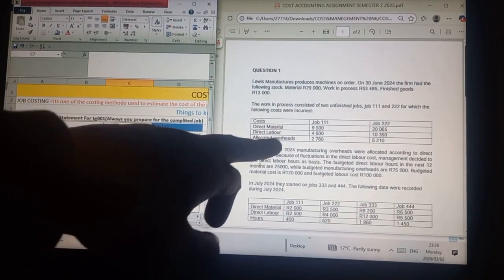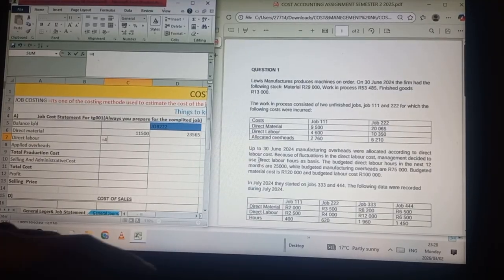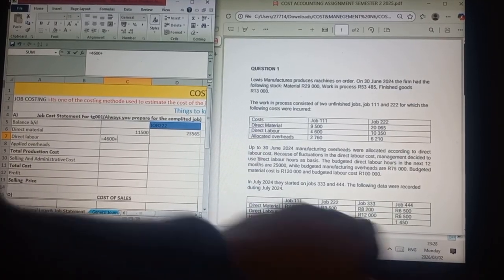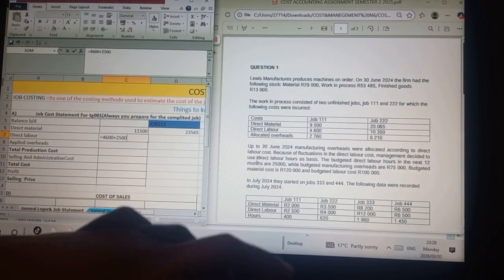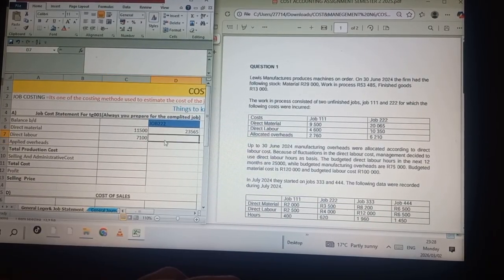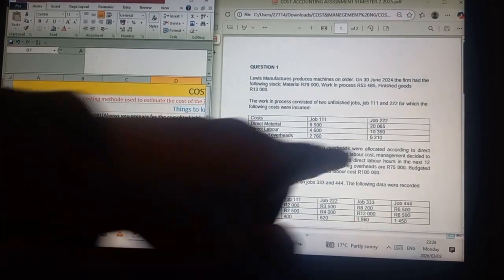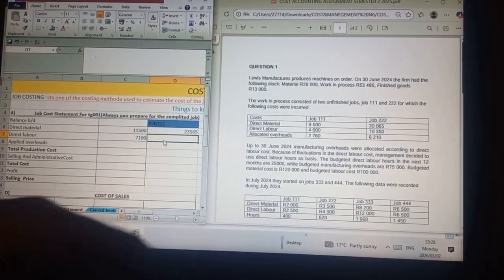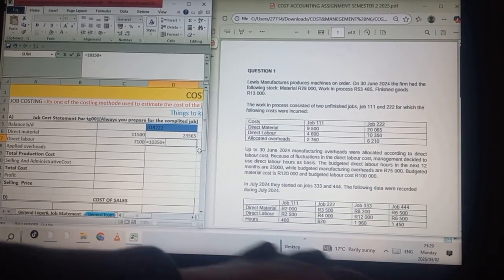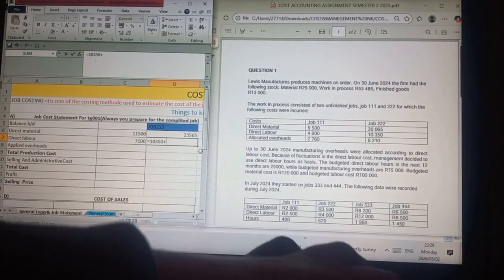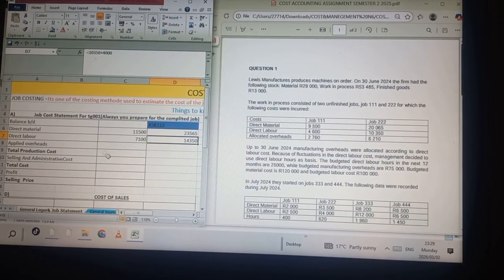Direct labor for job 111 is 4,600 plus direct labor 2,500. And then for job 222, 10,350 plus direct labor 4,000. And then you get your total labor cost.